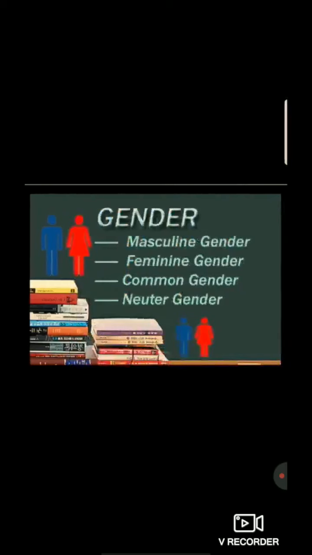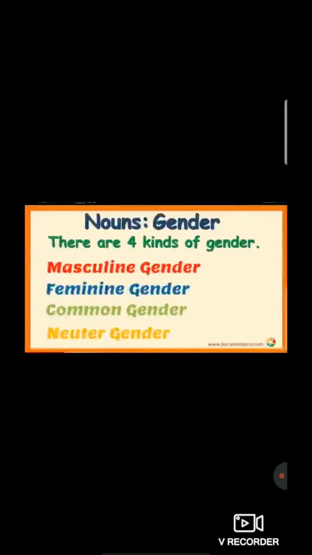So students, there are 4 types of gender: masculine gender, feminine gender, common gender, neuter gender. Students, again I am repeating, there are 4 types of gender: masculine gender, feminine gender, common gender and neuter gender.